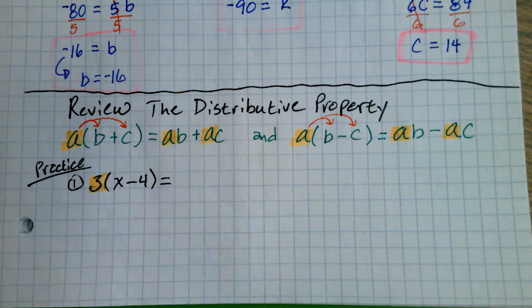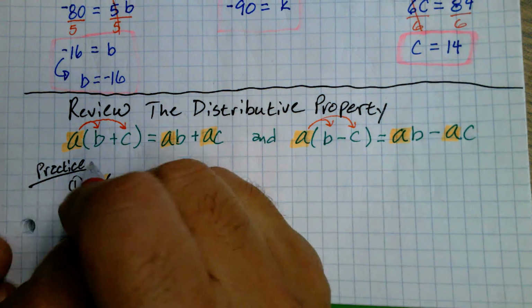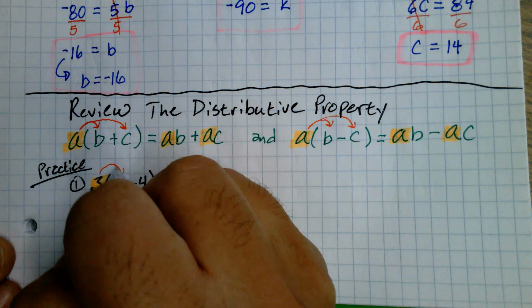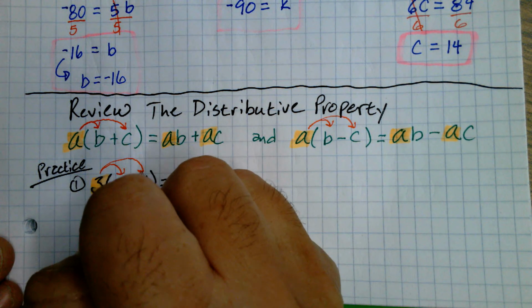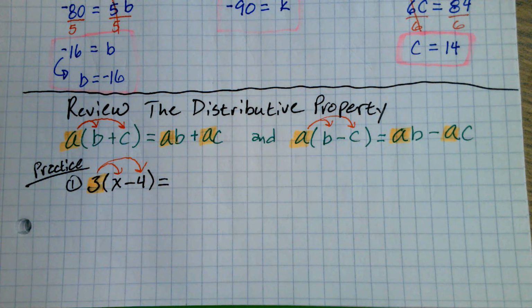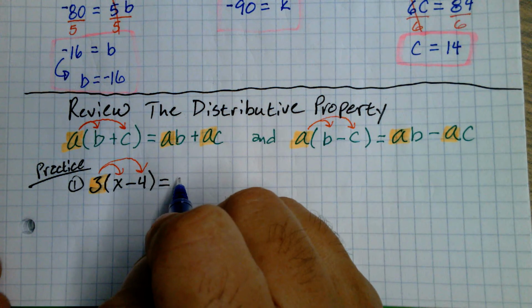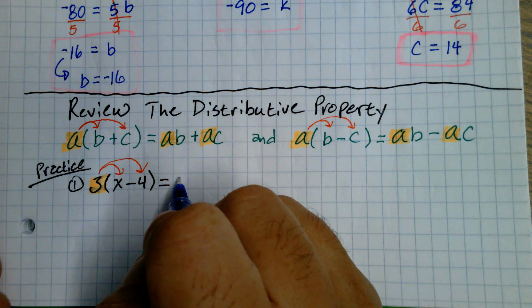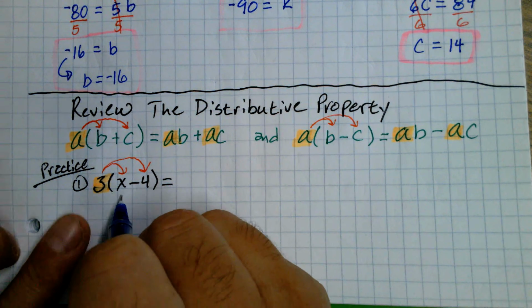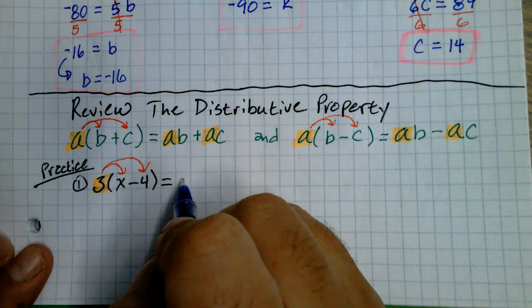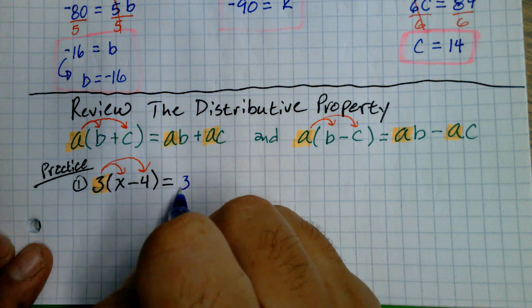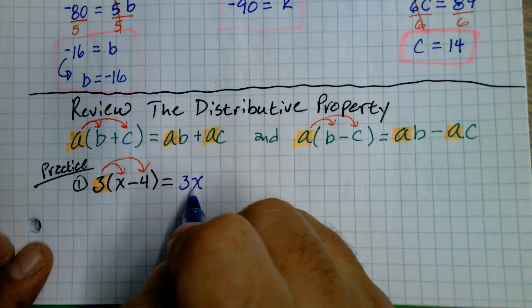So we're going to distribute 3 to X and to 4. 3 times X is 3X.